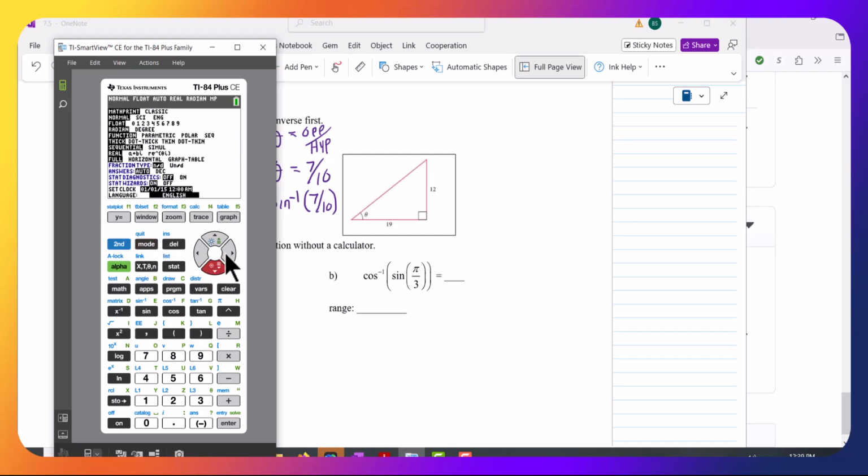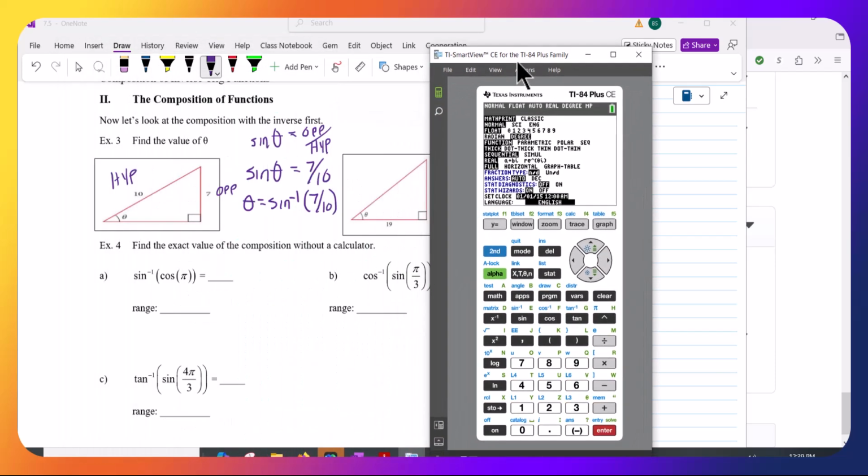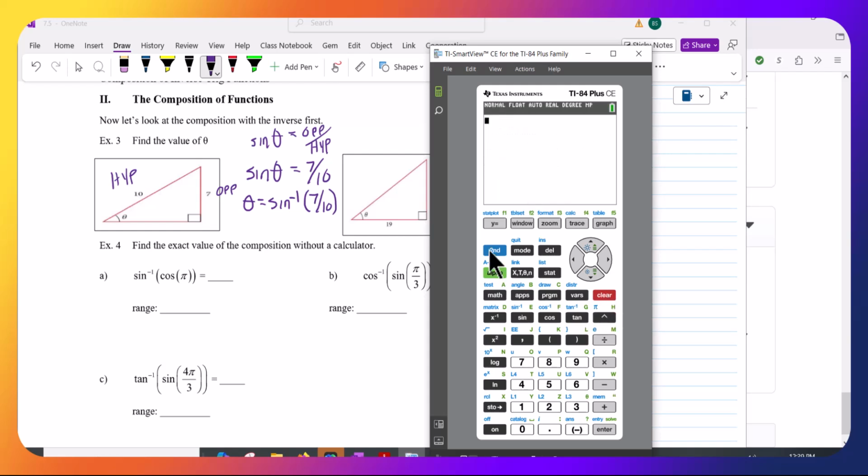I'll go back to degree mode since we're dealing with triangles. And then what I need to do is just clear everything off. Then I go inverse sine of 7/10. This will give me the acute angle. So we'll round that off just to a decimal place. So that's about 44.4 degrees would be the answer on that.